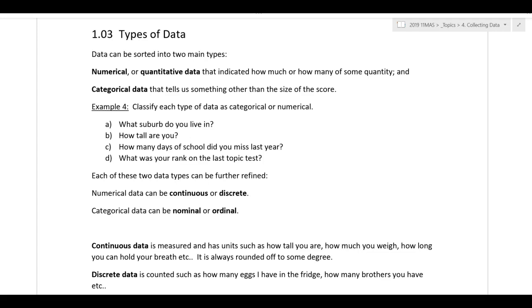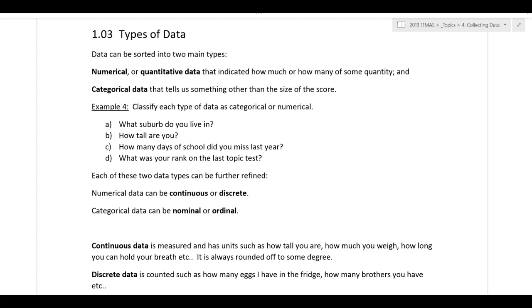Now, the fourth data type is the one that people get caught up with the most. It's ordinal data. It's the answer to a question that belongs in a particular sequence or order, but we don't know the size of those things. So it's kind of close to being numerical data, but not quite.